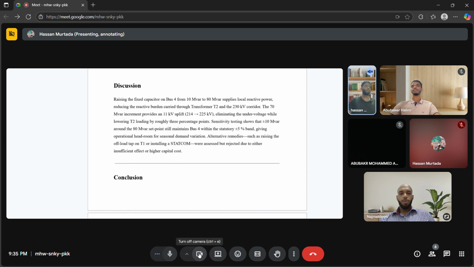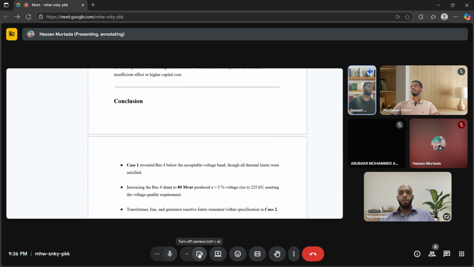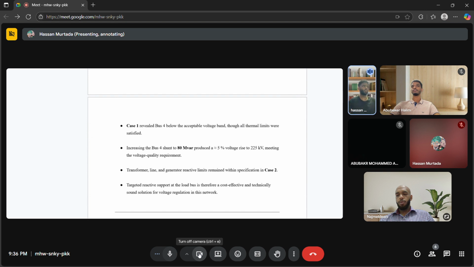Sensitivity testing shows that plus or minus 10 MVAR around the 80 MVAR set point still maintains bus 4 within the statutory 5% band, giving operational headroom for seasonal demand variation. Now we'll be talking about the conclusion. Case one revealed bus 4 below the acceptable voltage band, though all thermal limits were satisfied.